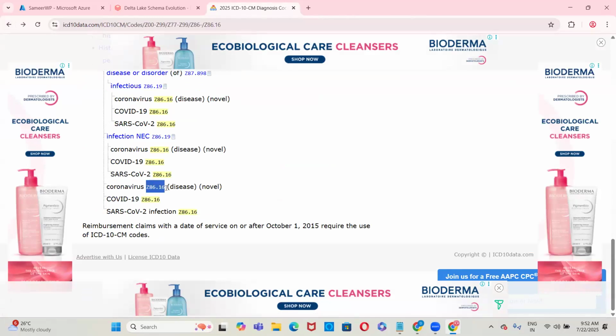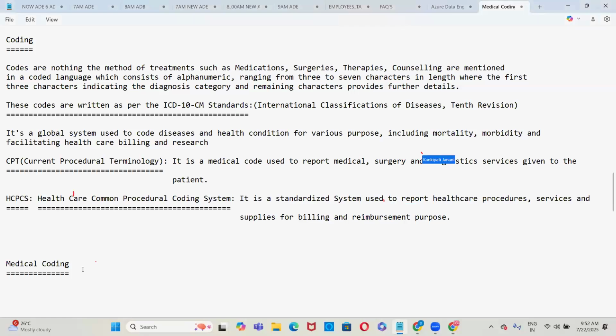So if any person is suffering with COVID-19, we write like this. Everyone, can you see here? Let us see. The patient name is ABC. I'm giving ABC, comma, he's suffering from this code. Z86.16 means what, guys? COVID-19. Am I right? Then comma. What is the method of treatment given here?